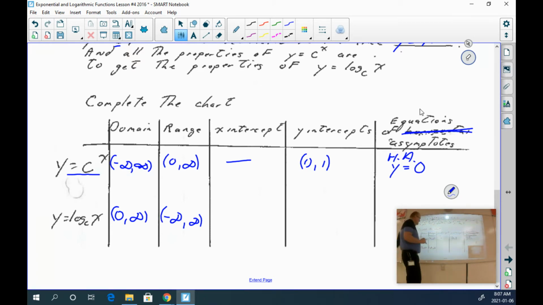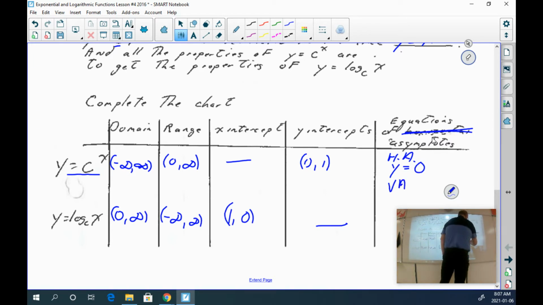There is an x-intercept. That x-intercept occurs at (1, 0). There is no y-intercept. It's never going to hit the axis. And now the asymptote, it's not a horizontal asymptote in this case. We get a vertical asymptote of x is equal to 0, or the y-axis.